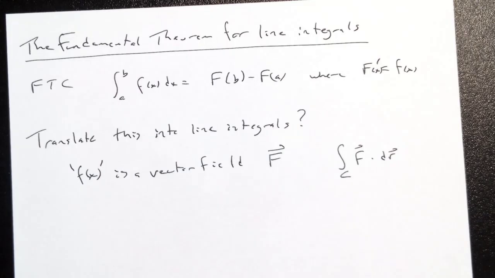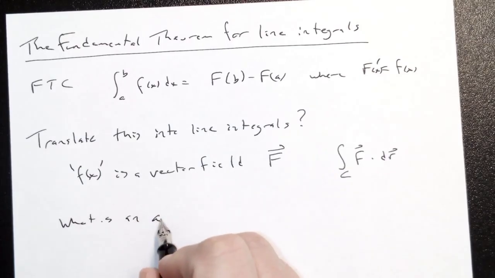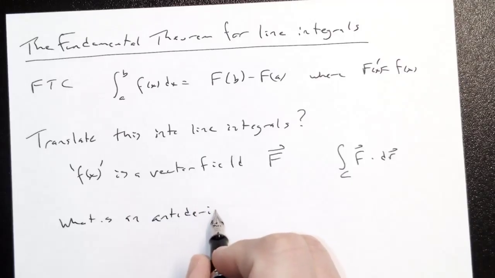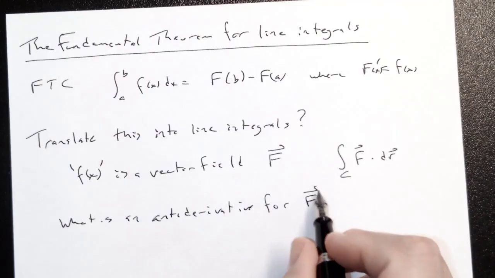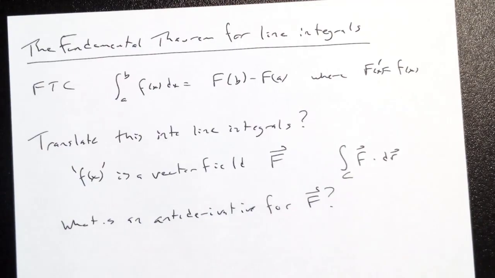The line integral of some vector field along some curve. That's our C, our path. What's an antiderivative for F? Oh, wait a second.